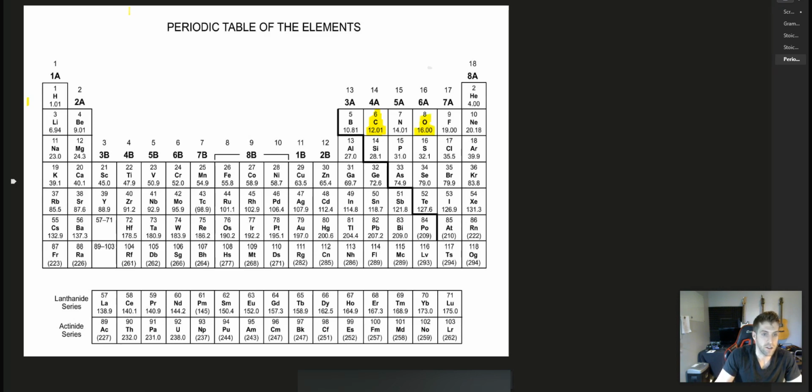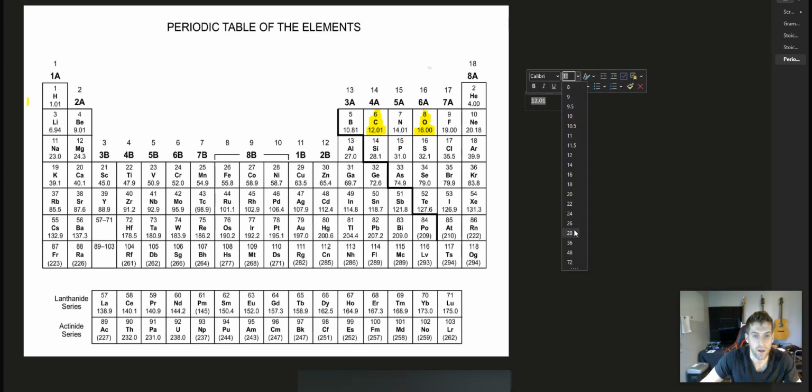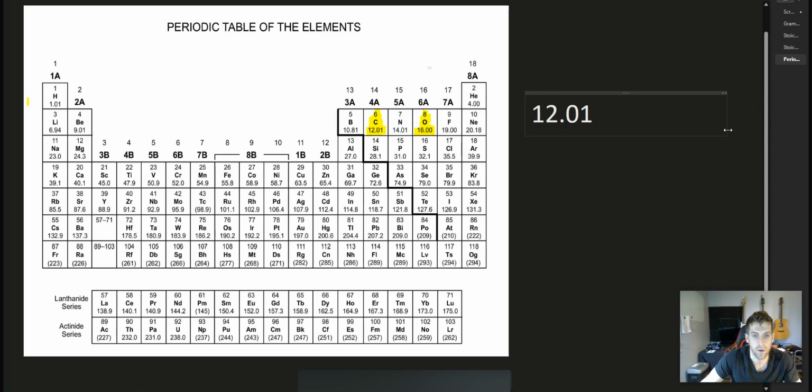Our oxygen is 16. This program I'm using has a pretty nifty calculator that we can use. So there are 12.01 grams in carbon, and there are 16 grams in oxygen.